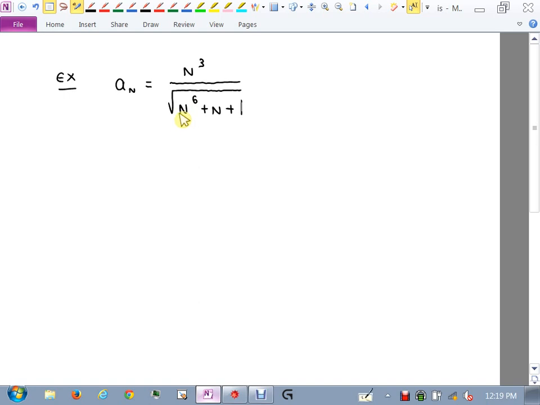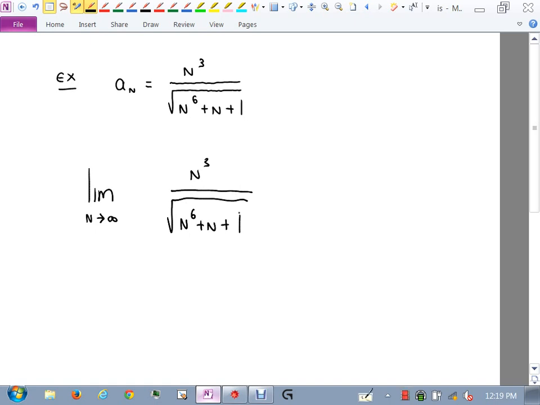So I want to wipe out an n to the 6th. That means I want to divide this by n to the 6th. So the way we do this is, I better write the limit down. Limit n goes to infinity, n cubed over square root n to the 6th plus n plus 1.